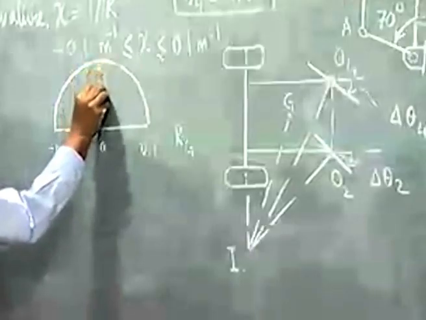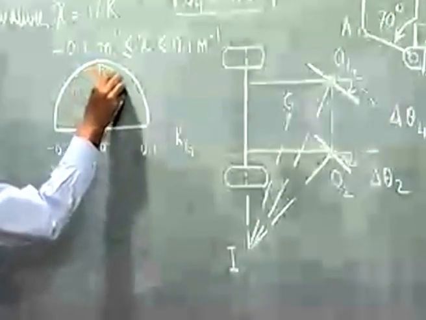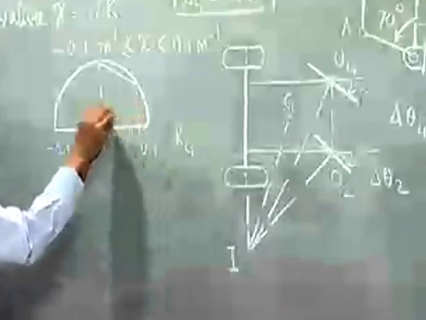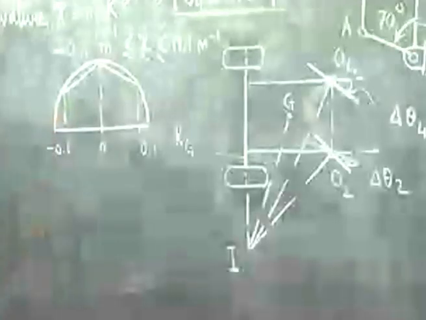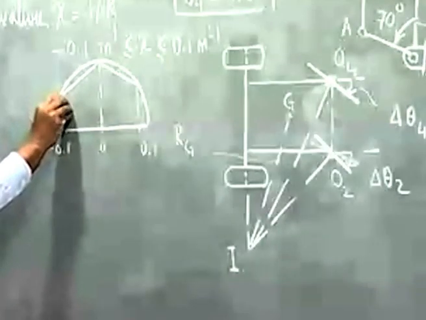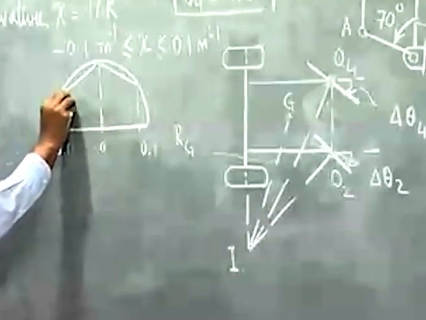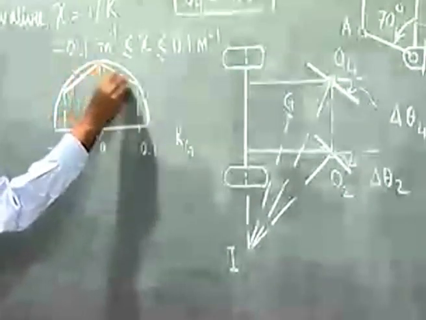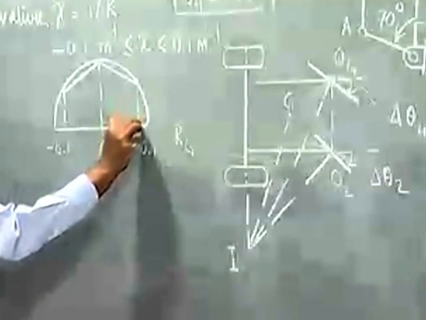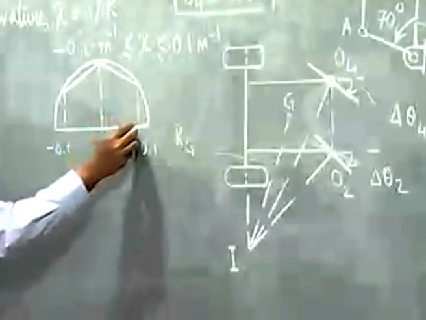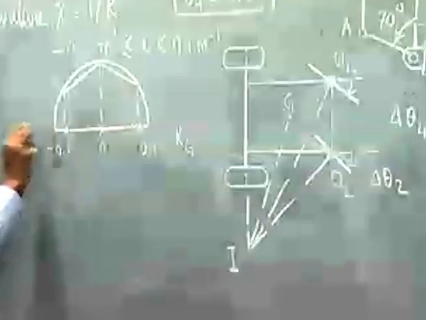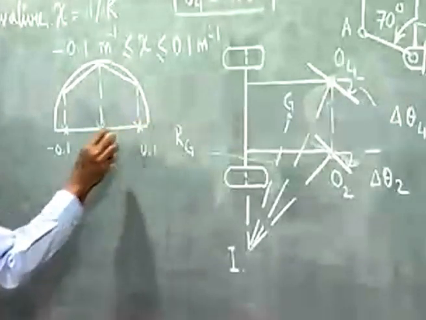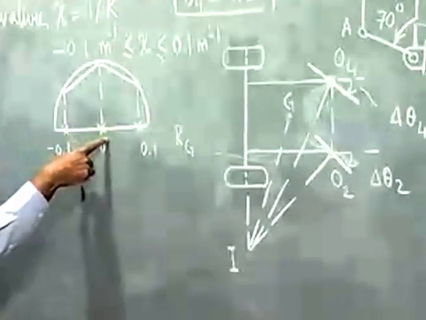Then we draw a regular hexagon within this semicircle, which we have done earlier, and these are the accuracy points. This is 0.1, this is minus 0.1, and this is 0.